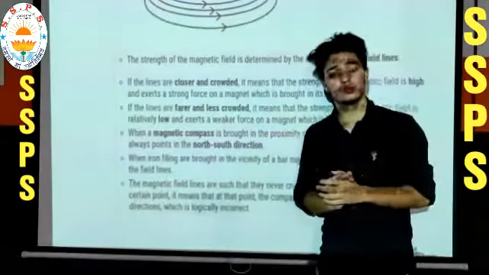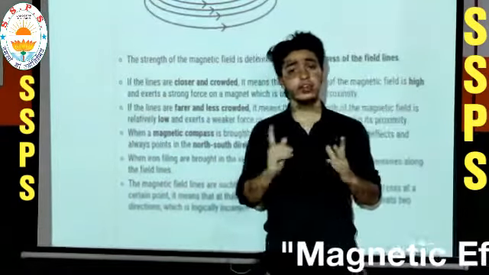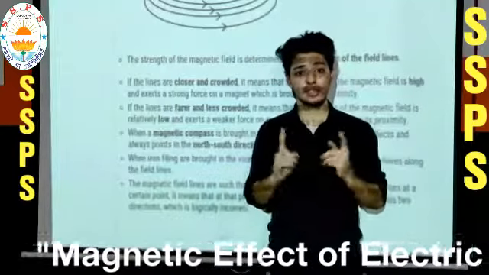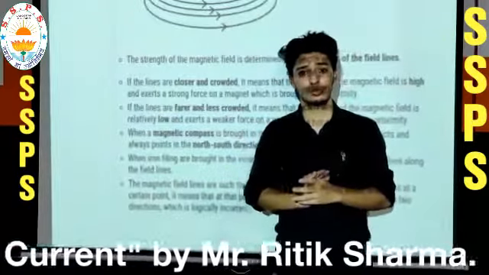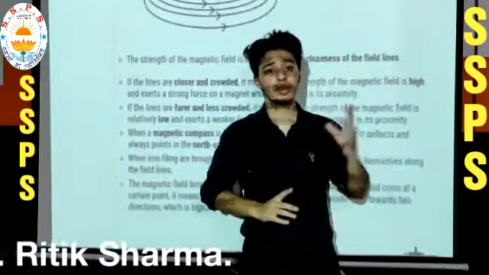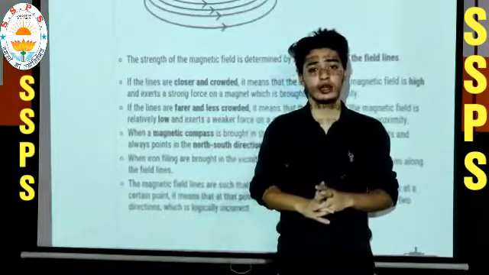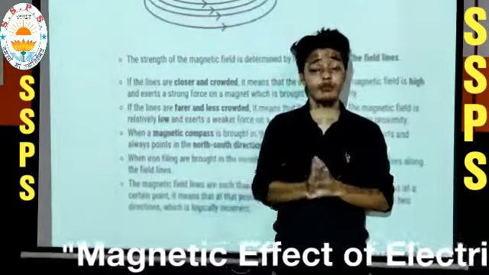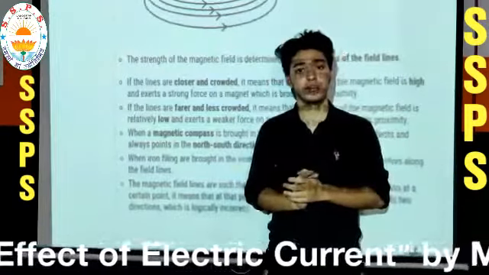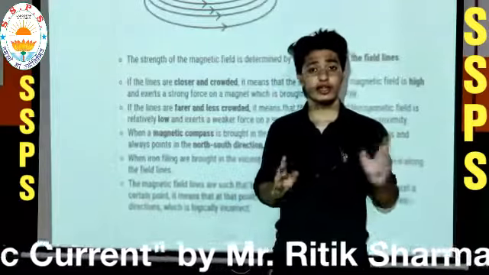And also, magnetic field lines never intersect each other, because if they did, the compass would have to show two directions at the same time, which is illogical.